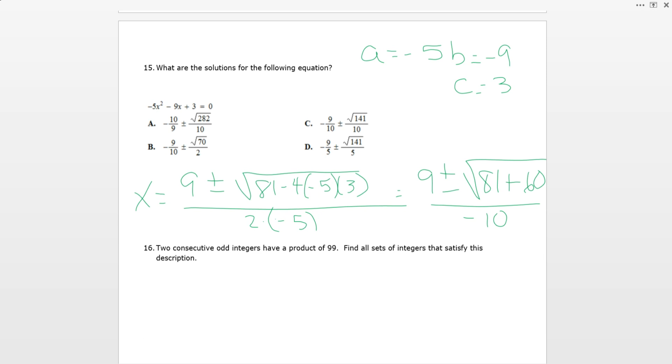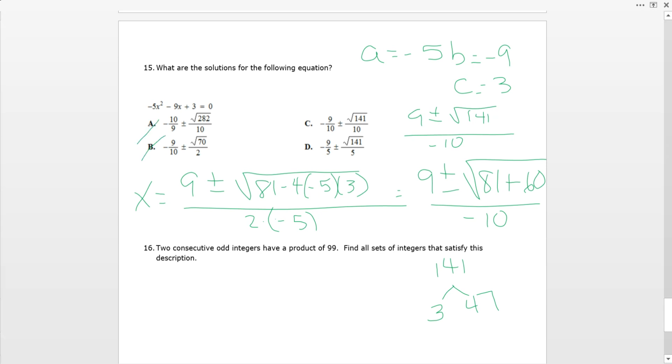141 is 3 times 47. So I have 9 plus or minus the square root of 141 over -10. 141 has the factors of 3 and 47. 47 is prime, so it doesn't factor. So I'm leaving it as 141. Boom.